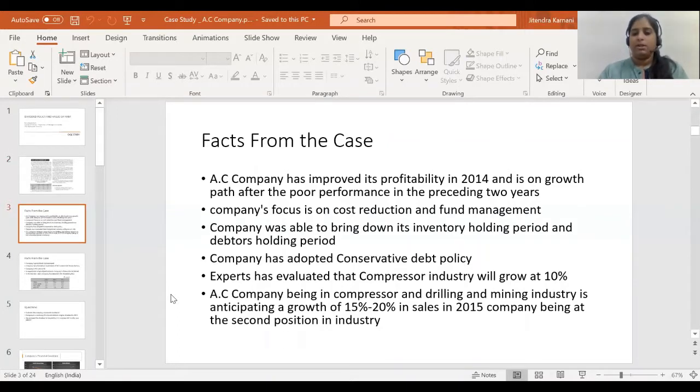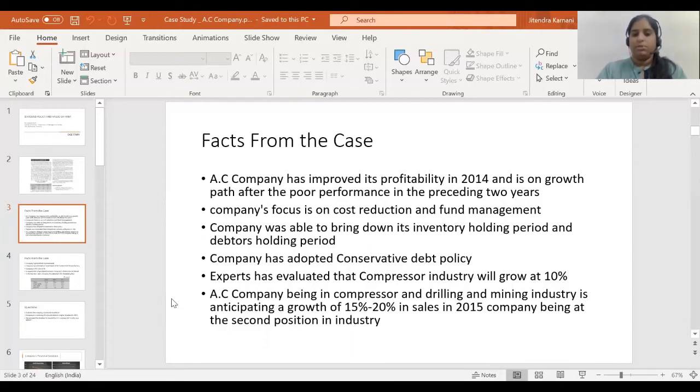The reason behind increasing profitability is that the company has adopted a cost reduction and fund management strategy, and is also concentrating on the reduction of its holding period in inventory and the debts in the debtors, converting inventory into cash much earlier than previously. Also the company has adopted a conservative debt policy. Conservative debt policy means the company has reduced its debt proportion.